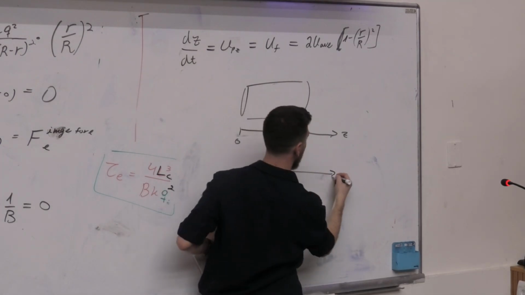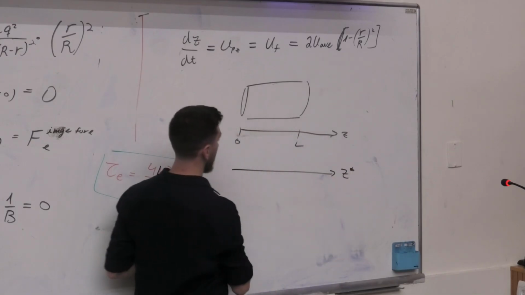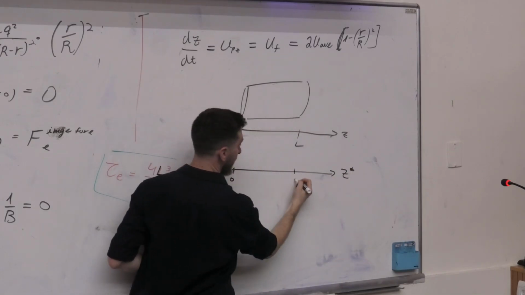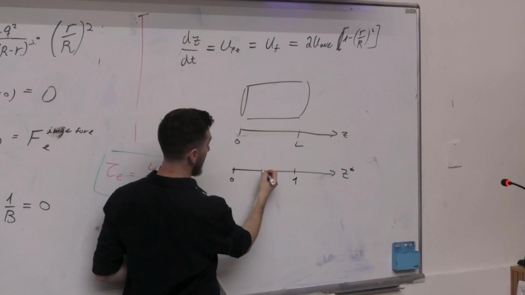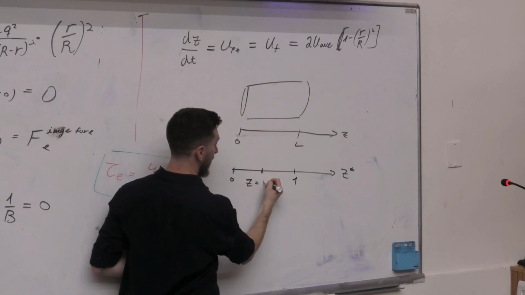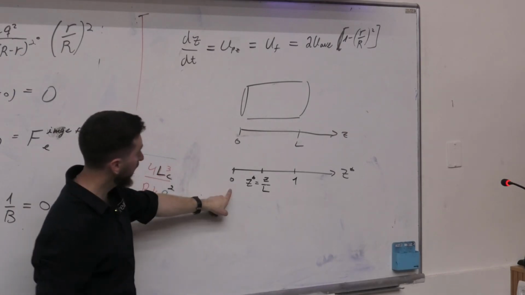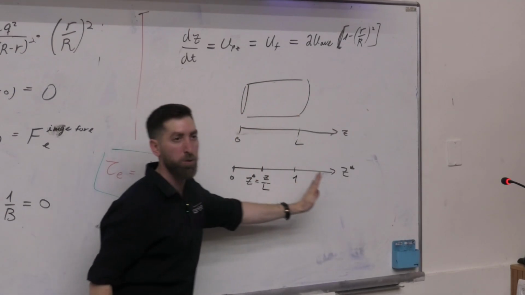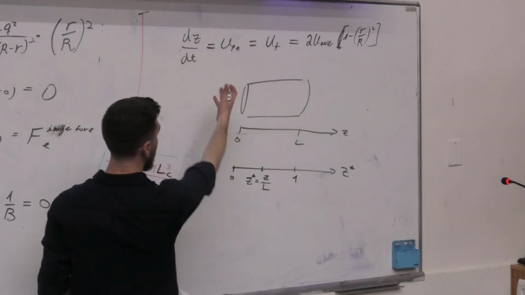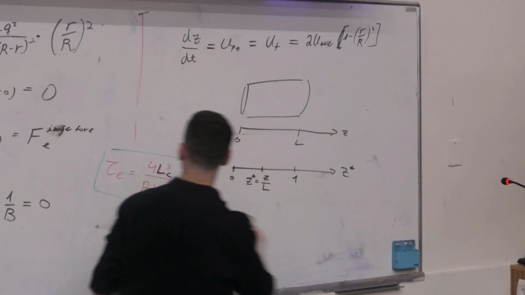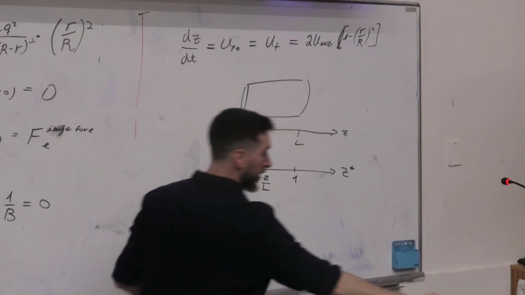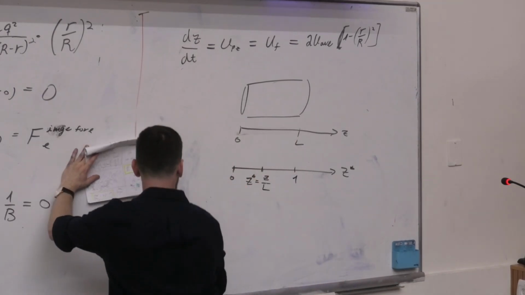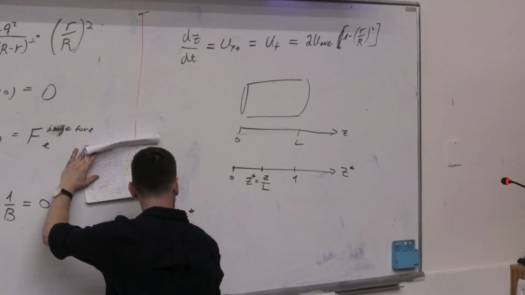We can have the non-dimensional axis that has 1 here, and the location z star equals z over L. So we can present any cylinder from 0 to 1. And then our equation becomes dz star over dt star.